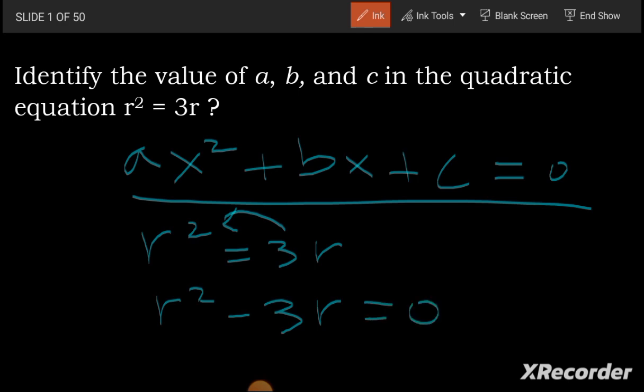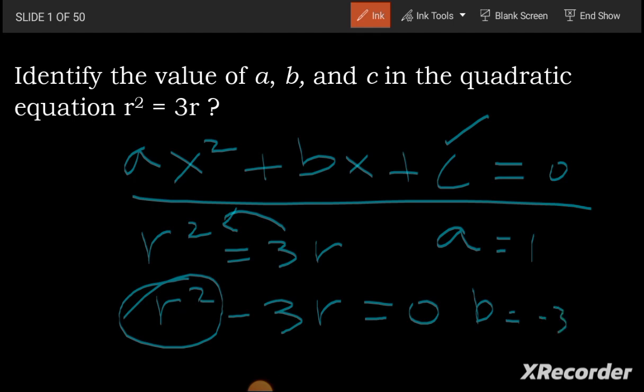And as you can see, we don't have a constant term, or the term which is intended for c. So we just have a is equal to the numerical coefficient of the leading term, or the quadratic term here, so 1, and b is negative 3, and c is equal to 0 because we don't have a constant term.